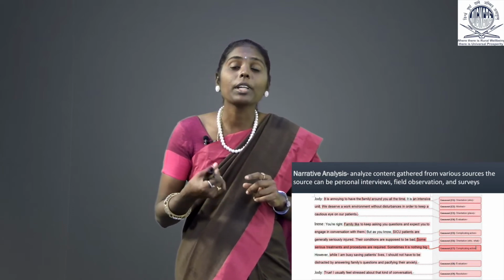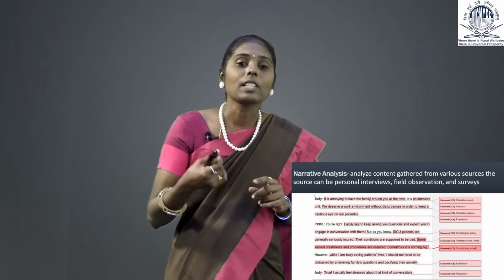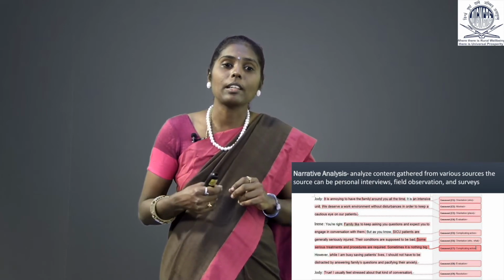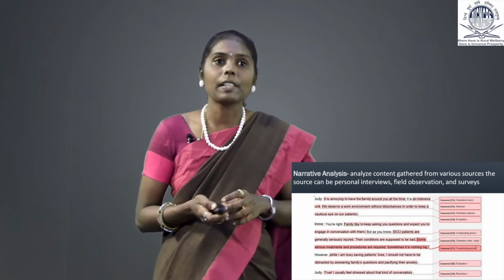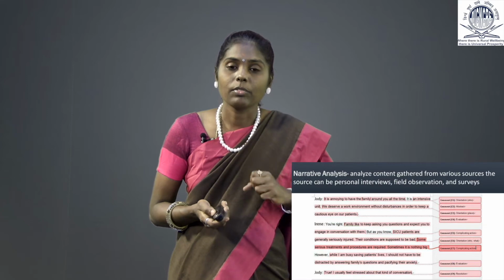So the orientation is about the family members. Likewise, each and every sentence communicated is analyzed, and certain patterns and themes are bucketed based on the information or the communication provided.